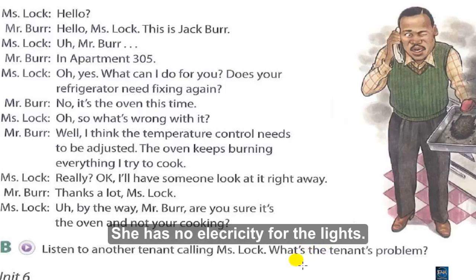The lights went on and off, so she had no electricity for the lights. This is the tenant's problem.